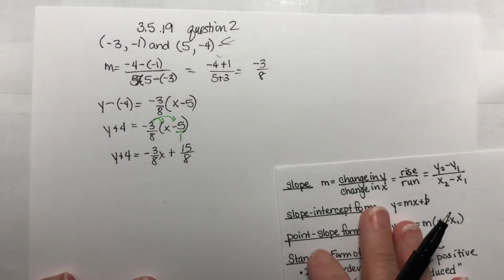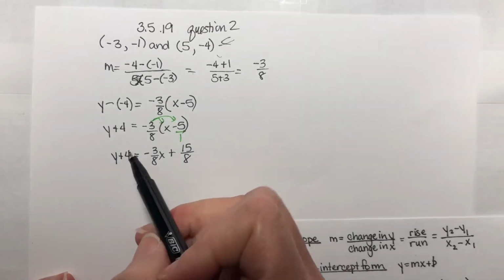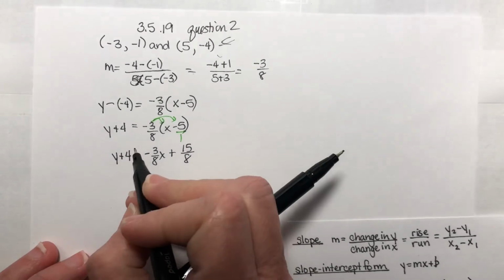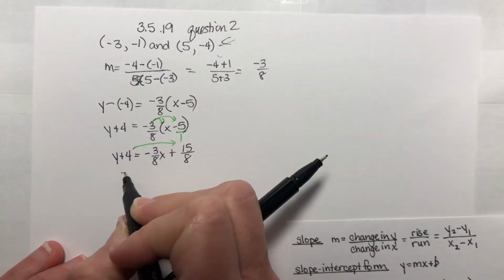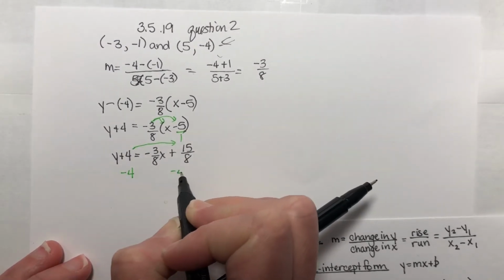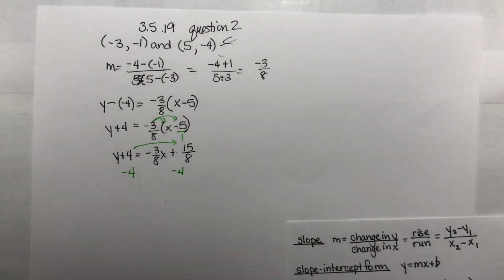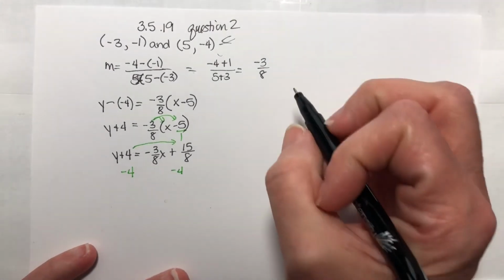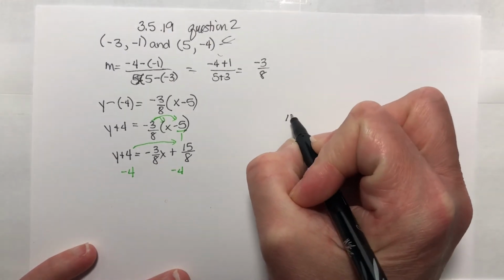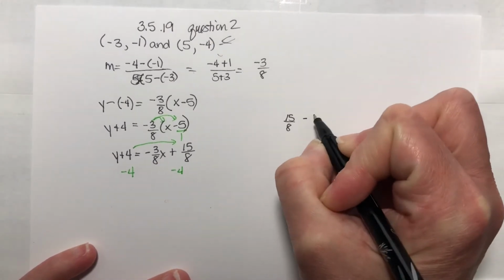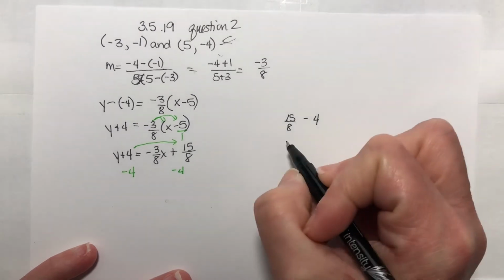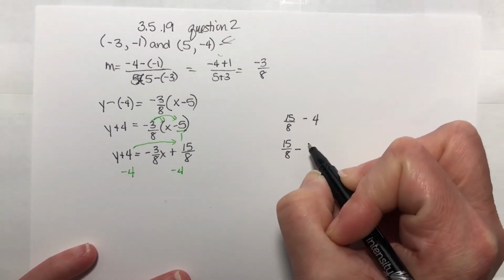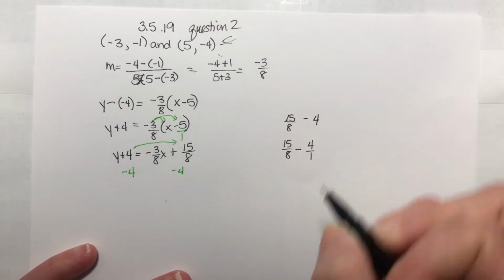Now to get into slope-intercept form, all I need to do is move the 4 over, and to do that, I need to subtract 4 from each side. You can either use your calculators, or you will be doing 15/8 minus 4, which is the same as 15/8 minus 4 over 1.